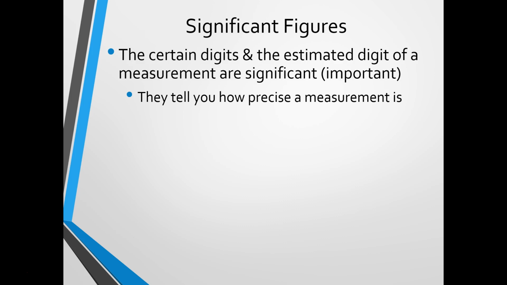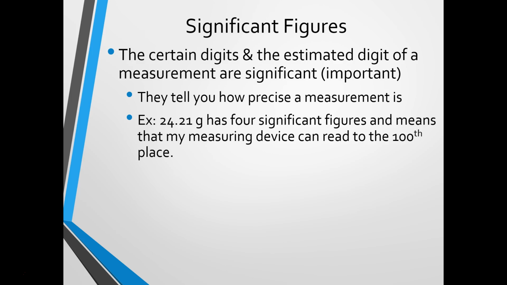It doesn't really matter. The number of significant digits or significant figures tells you how precise our measurement is. So basically, the more significant figures we have in a number, the more precise that number becomes. If we say it's 2.4437857 and all of them are significant, that is a very, very precise number.